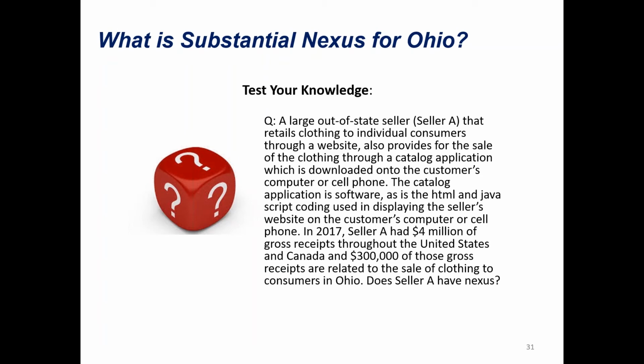It is the HTML and JavaScript coding that is displayed in the seller's website to the consumer's computer or cell phone. In 2017, Seller A had $4 million in gross receipts throughout the United States and Canada, and $300,000 of those gross receipts were related to sales of the clothing to consumers in Ohio. Does Seller A have nexus?